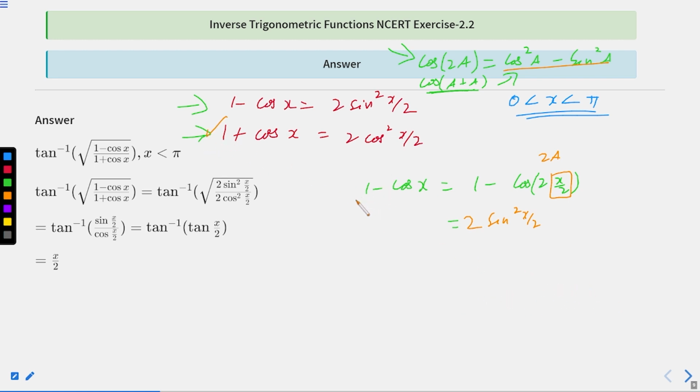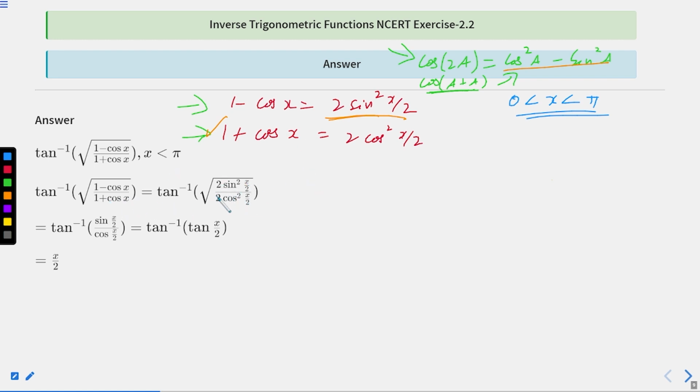Okay. So now I hope that you got from where we can derive this. Now let's use them. So 1 minus cos x is equal to 2 sin square x by 2, and 1 plus cos x is equal to 2 cos square x by 2.